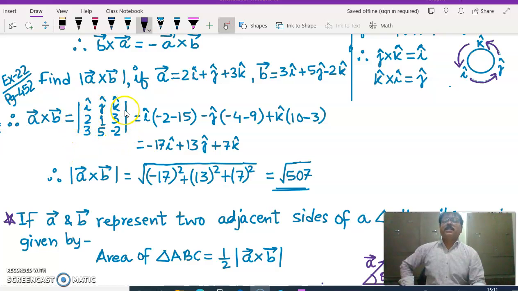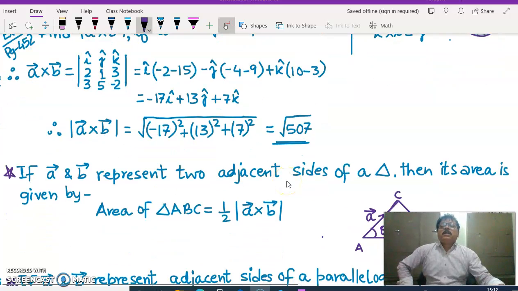When we expand it with respect to first row, i cap into minus 2 minus 15, minus j into minus 4 minus 9, and plus k into 10 minus 3. So it is minus 17 i cap plus 13 j cap plus 7 k cap. And to calculate the magnitude, it is under root 17 squared plus 13 squared plus 7 squared, which comes out to root 507. So in this way we can find the modulus of A cross B.